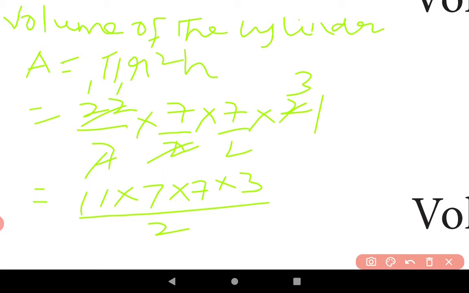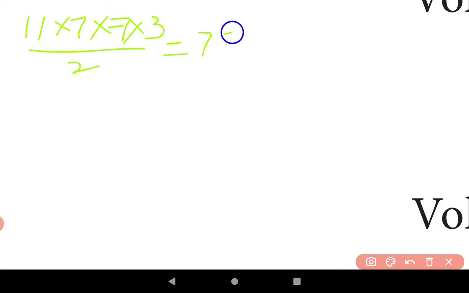So we'll multiply 11 into 7 into 7 into 3 and then divide it by 2. 11 sevens are 77.